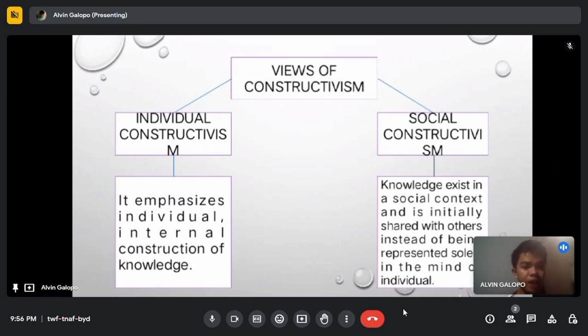All right, so that is social constructivism. These are the two views of constructivism.